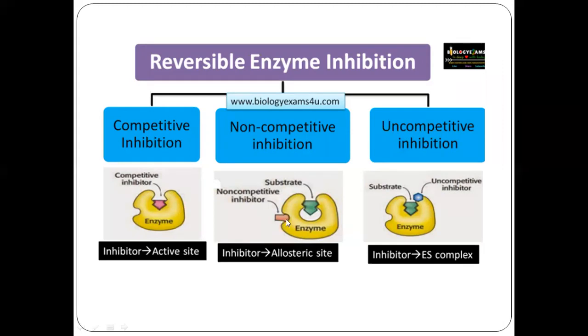Once the inhibitor binds with this allosteric site, the shape of this active site is changed, because as I said, whenever a molecule comes and sits at the enzyme, there is an induced fit. So it will change the shape of this active site, and the substrate will no longer identify this active site. In this way, the substrate is prohibited from binding with the active site of the enzyme, and the enzyme is inhibited.